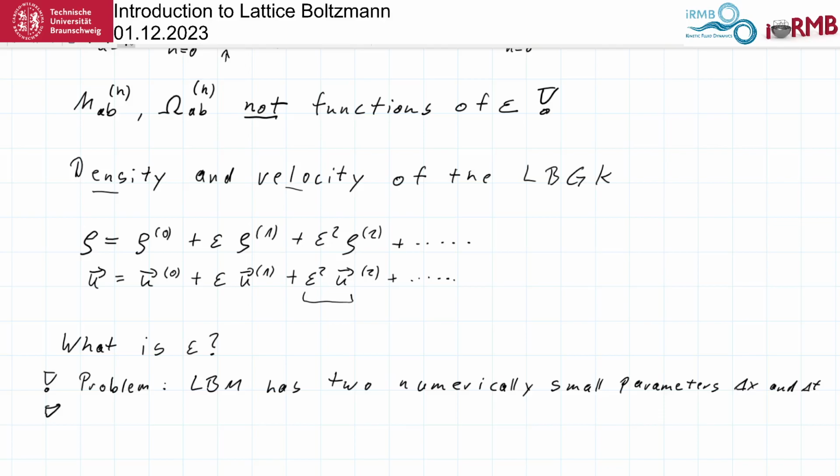So the thing is, we want to have only one epsilon. And for having only one epsilon, there are different possibilities, obviously, because we have two choices. Actually, we have more than two choices. We have infinitely many.